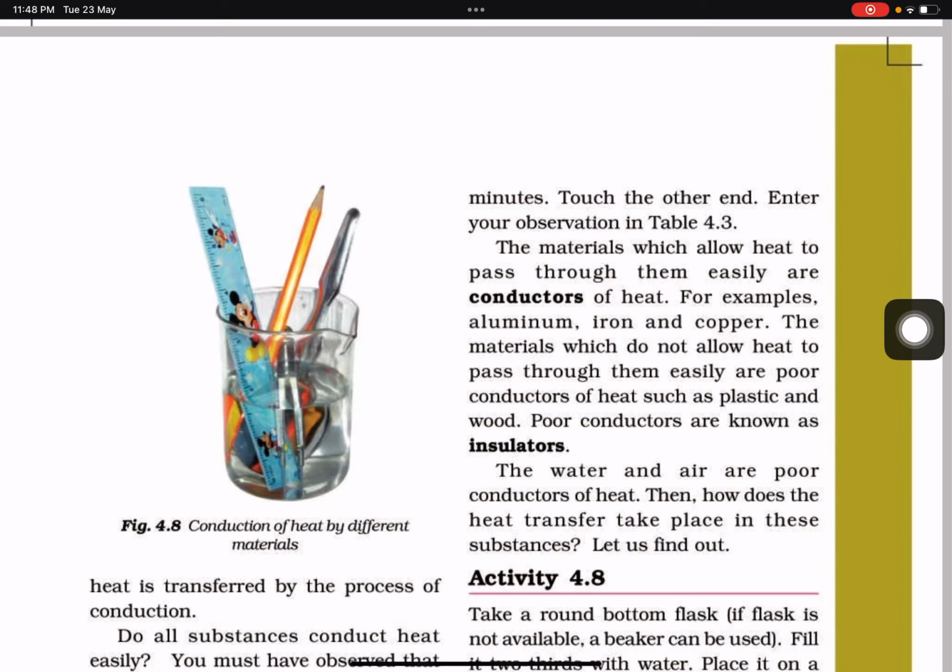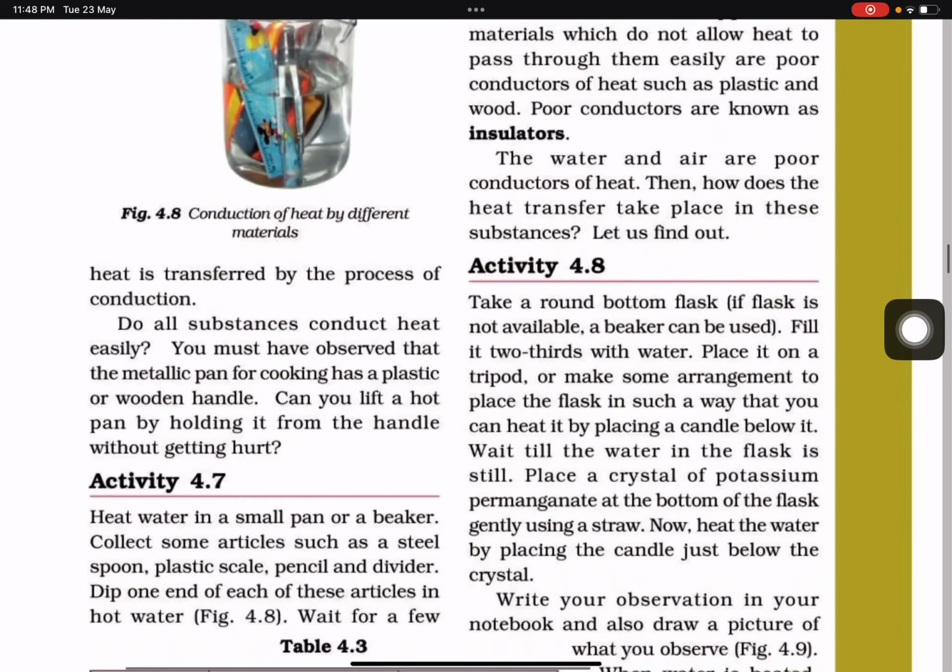Conductors of heat are materials that allow heat to flow easily, like aluminum, iron, copper, steel and more. But insulators are substances that do not allow heat to flow easily through them, like water, wood and rocks and many more things.